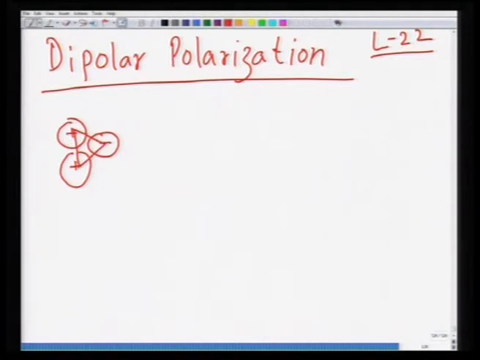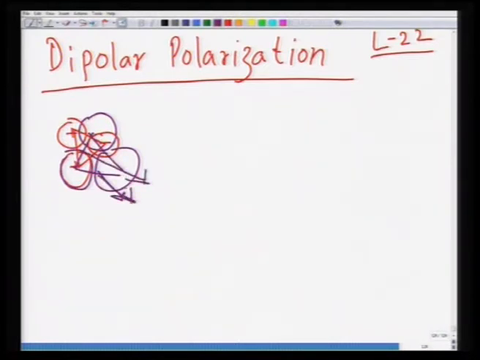When this has a permanent dipole moment, what happens is, within the space, this molecule will have several statistics. So, if you put this molecule in this situation, this is one situation, you can turn it back. When you apply a field, let us say in this direction, this molecule rotates itself in such a manner that the dipole moment aligns in the direction of the applied field.